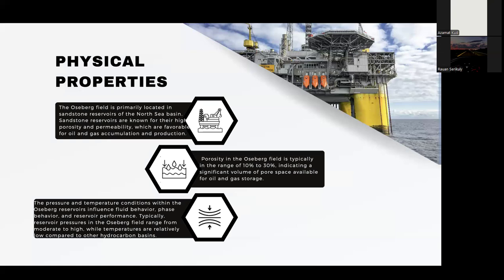And in this field, we have associated gas, which is natural gas in various crude oil compositions. Generally, the associated gases are ethane, propane, and small amounts of heavier hydrocarbons, typically between 500 and 2,000 cubic feet per barrel.